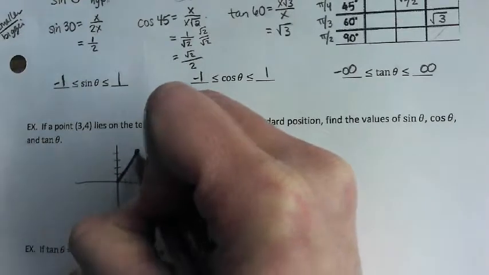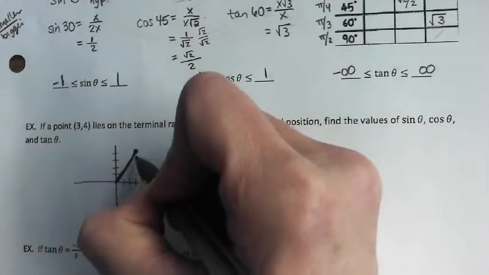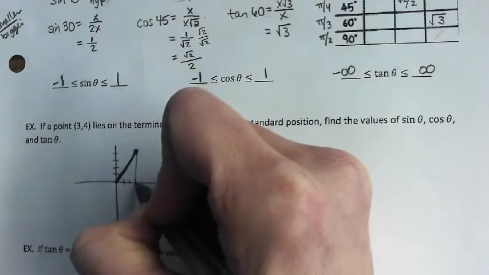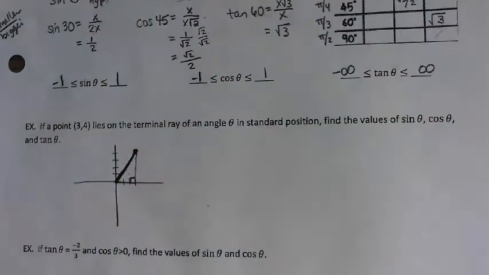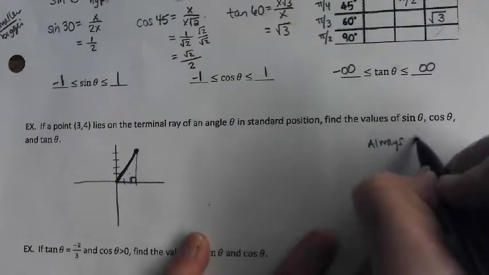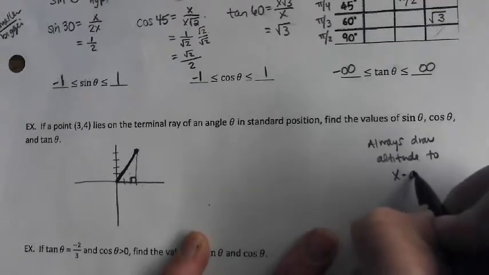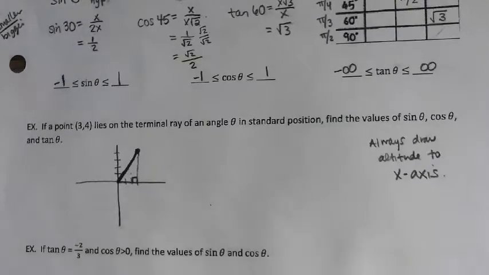That terminal ray, you'll see in a second, is always going to act as the hypotenuse of a right triangle. You're always going to drop an altitude to your x-axis to create that right triangle. So always draw the altitude to the x-axis, never the y. Kind of like we do with a reference angle, always to the x-axis, never the y.